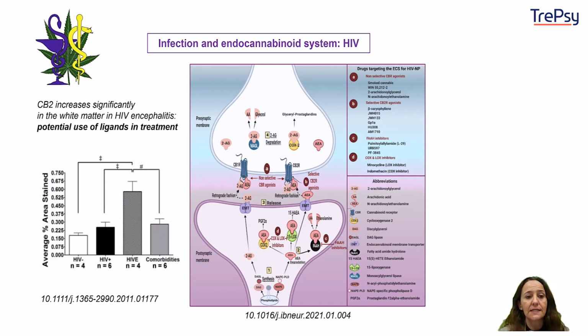It has been seen that CB2 increases significantly in the white matter in HIV encephalitis. So if this receptor is increasing, it's a good target for the control of the infection. But we have to be careful with these receptors in the infection when a virus is present.